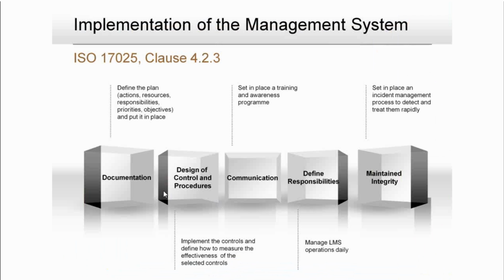It's very key that at the start of the LMS, there must be training for everybody involved. It's advisable to train every single person involved in the chain from sampling to issuing of results, and then maintain integrity.